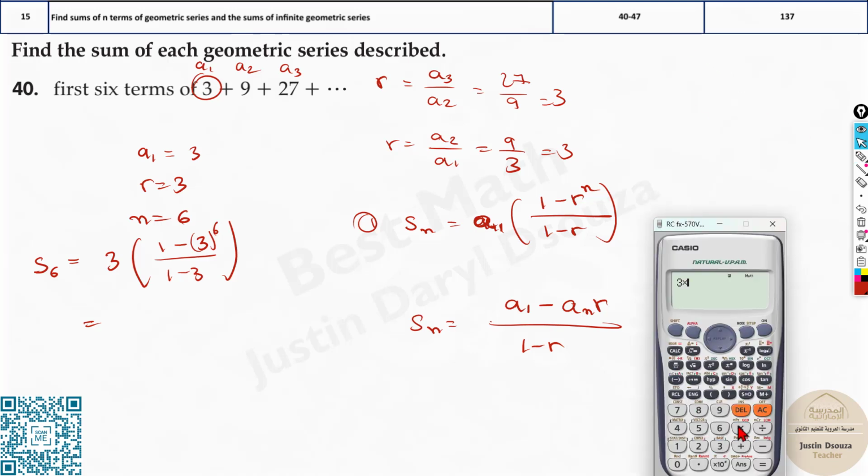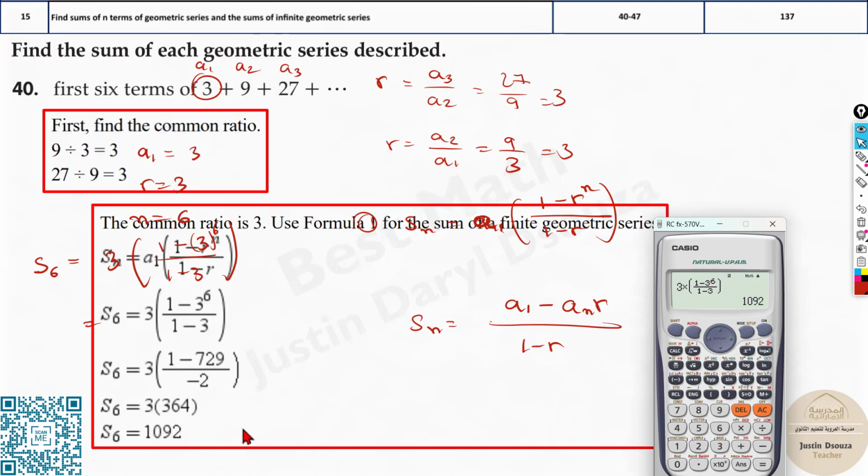Here we have 3 times, open the bracket, fraction, 1 minus 3 to the power 6. I'm not writing the brackets because it's a positive number, but you can write it. Below you can write directly minus 2 as well. It's up to you. The answer is 1092.